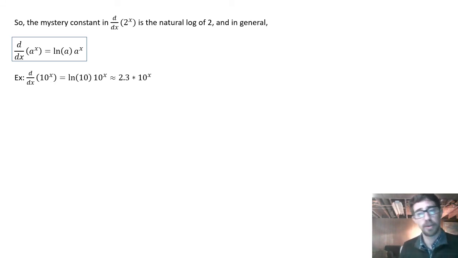So you can see the bigger the base is, the bigger the derivative is, which should make sense because the bigger the base is, the faster it's growing. So if it's e to the x, the derivative is just the same. If it's a number bigger than e, like 3 or 4 or 10, then it's growing faster. The growth rate is growing faster than the function by this multiple of 2.3.